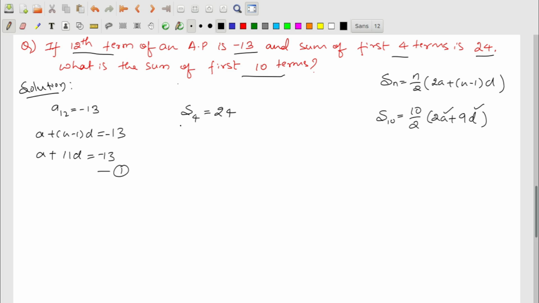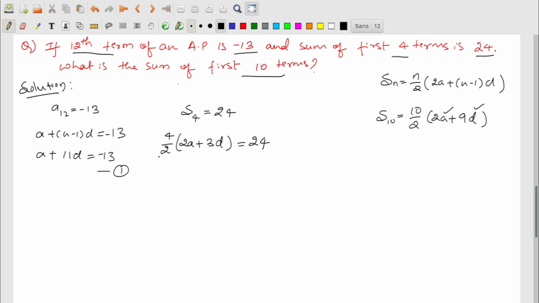So here apply Sn formula. So the number of terms 4, so 4 divided by 2, that is n by 2, 2 into a plus n minus 1, that is 4 minus 1, 3d is equal to 24. Okay, fine. Again here you got an equation with the unknown values a and d, but keep it in a simplified form.